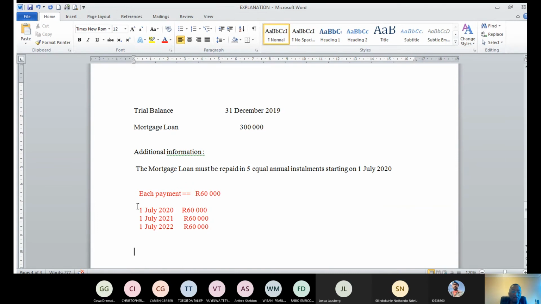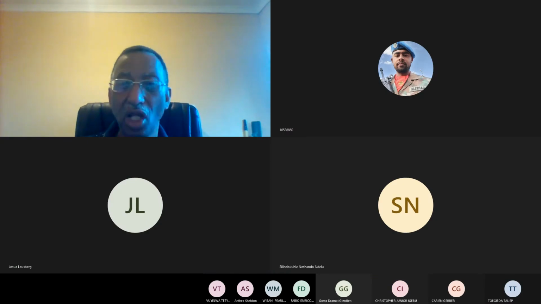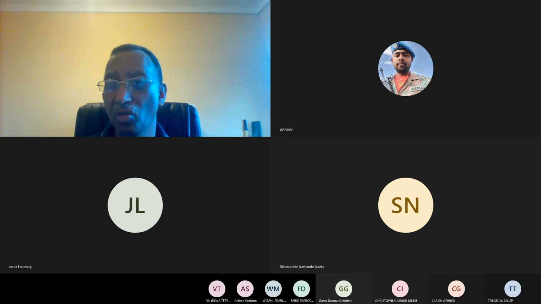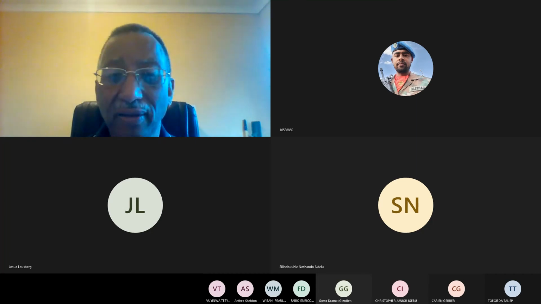Let us focus on the first payment on the 1st of July 2020. The 1st of July 2020 is 6 months into the new financial year. Now, your financial year ends on the 31st of December 2019. Within the next year, within the next 12 months, you must make a payment of the loan, and you must pay back 60,000 rand.